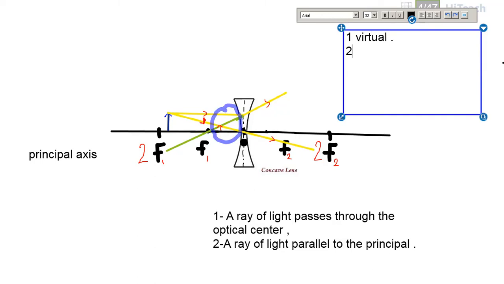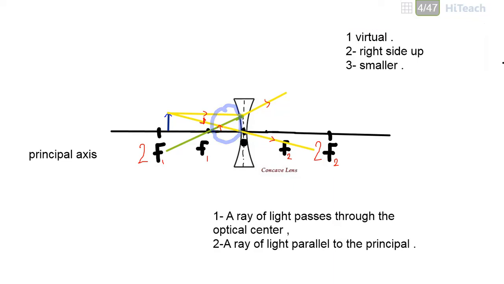The second one, it's right side up. The third one, it's smaller. So these are the properties of the image formed by the concave lens.